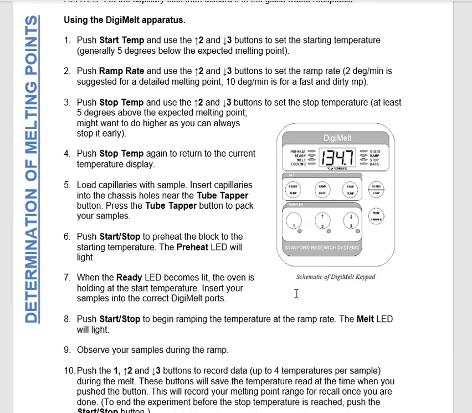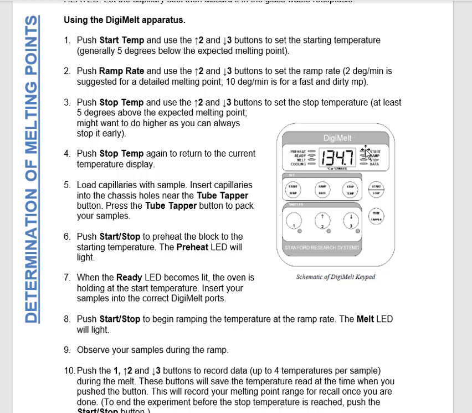You will be using a Digimelt apparatus here, so it's just a digital melter, right? And so it has kind of this general layout where you have a start temperature, you have a stop temperature, and then you have what's called a ramp rate. So, for instance, if you were looking at acetamide, it melts at 82.